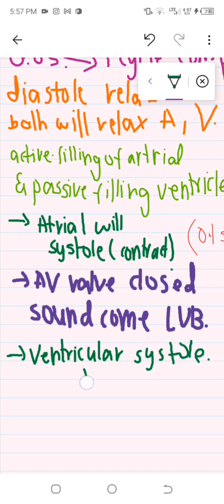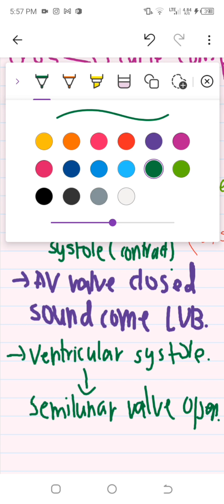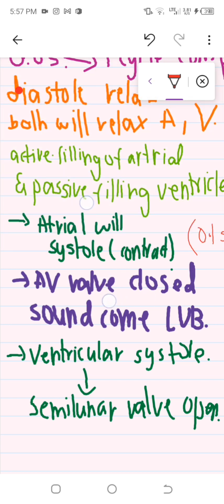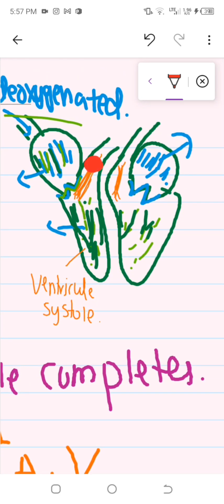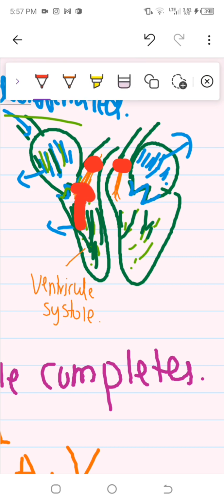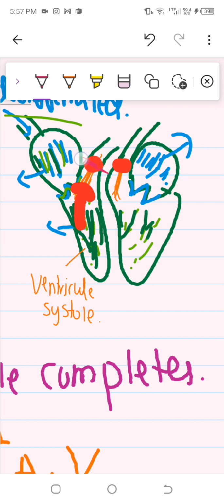When ventricular systole takes place, the semilunar valve will open. You might be asking, where are the semilunar valves present? As you can see here, the semilunar valves are present. The blood will move out of the body as the semilunar valve opens. After the blood moves to the lungs or to the body, the semilunar valve closes. Why does this valve close?